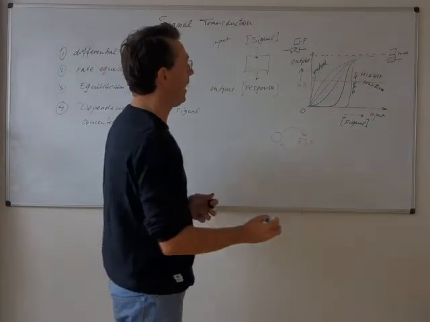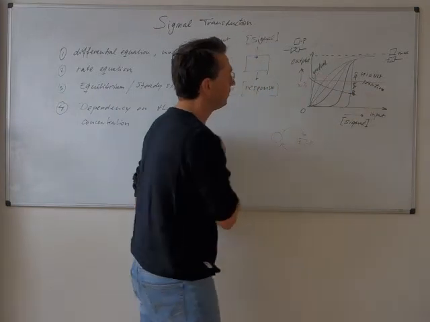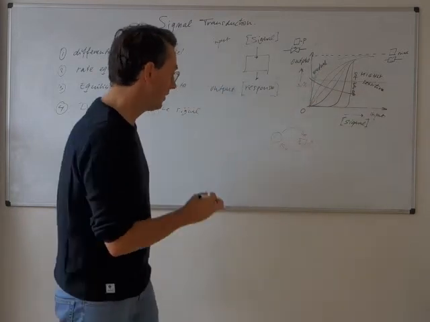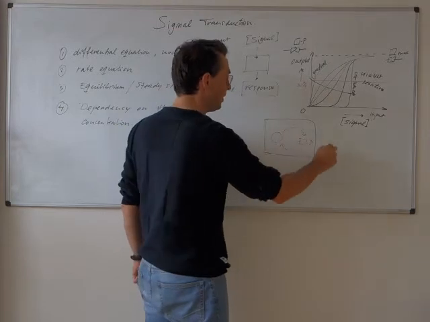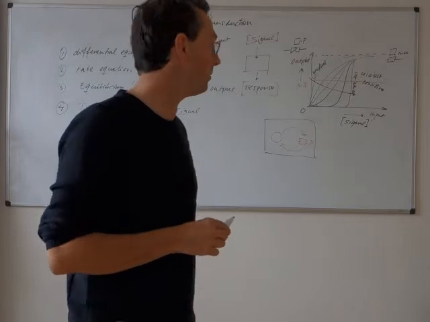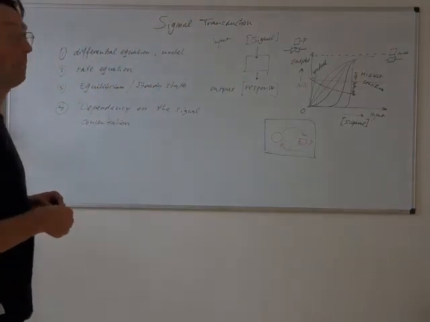And the response becomes more and more sensitive with respect to the signal when you move from this mechanism to that mechanism. This particular biochemical circuit can give rise to all these different outputs, and that's what we're going to see at the end of this chapter. First we're going to start with the binding case.